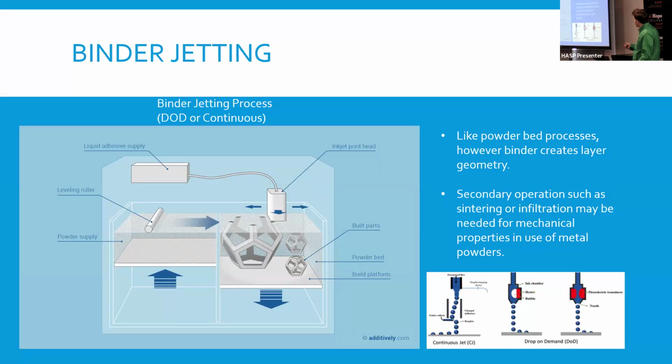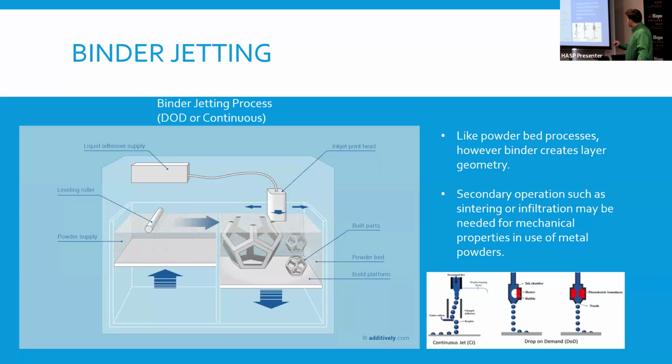Since we know kind of how this works now, secondary operations such as sintering or infiltration may be needed for mechanical properties in the use of metal powders. So the thing with binder jetting is it just doesn't take place with a plastic powder. It could take place with a ceramic, it could take place with a polymer.